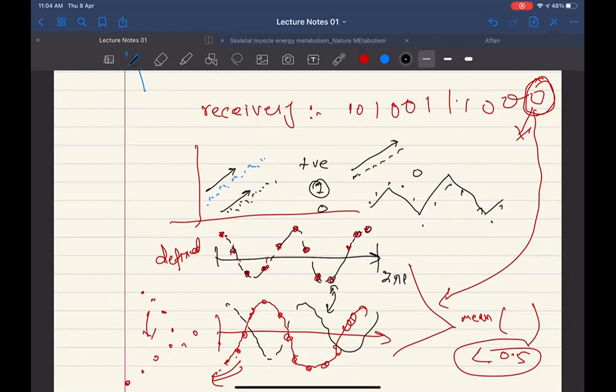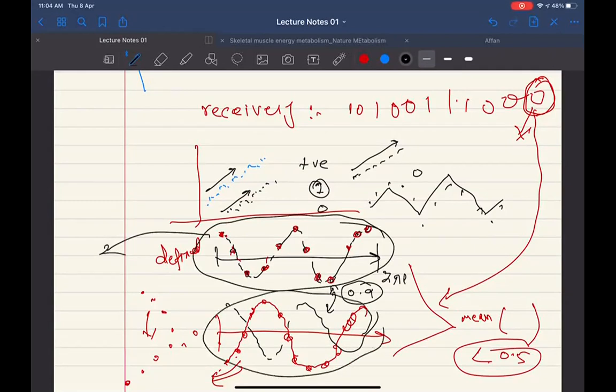Maybe some points are not that correlated, but you will receive a mean of 0.9 or something, which means that it is greater than 0.5 and it is 1. So we will correlate the signal which we already know with the signal which we have received, and if its mean is greater than 0.5, then we will say that it is 1 bit.